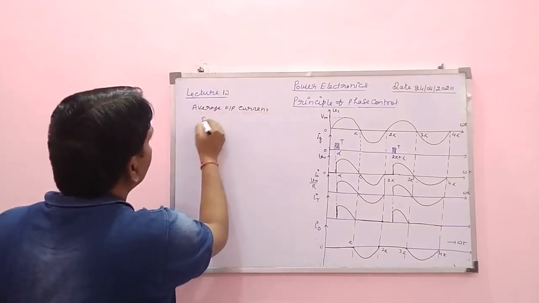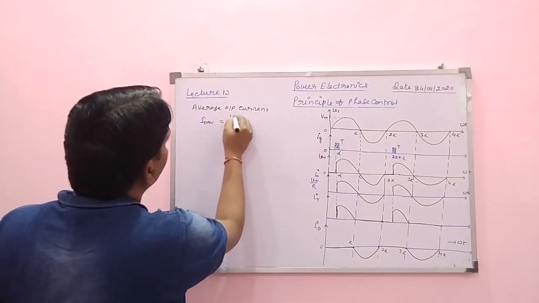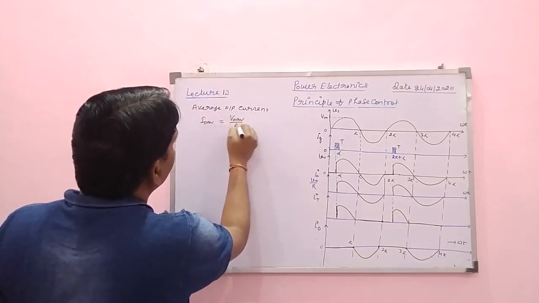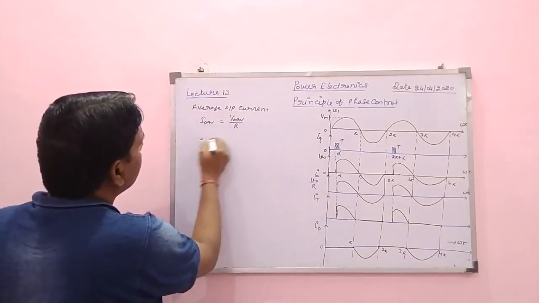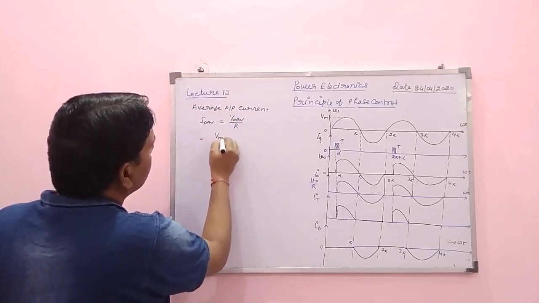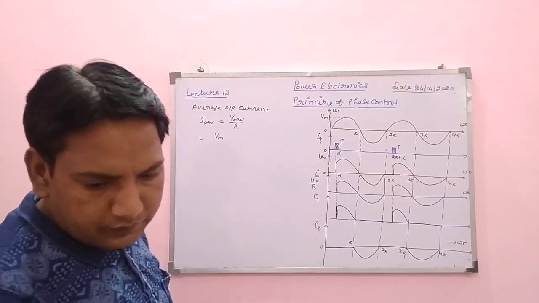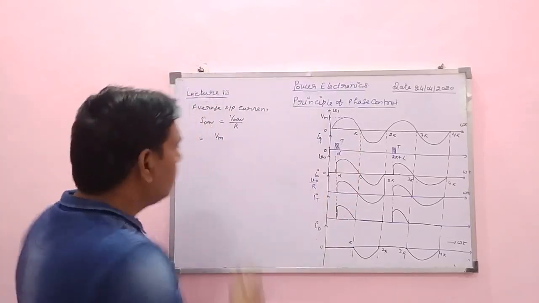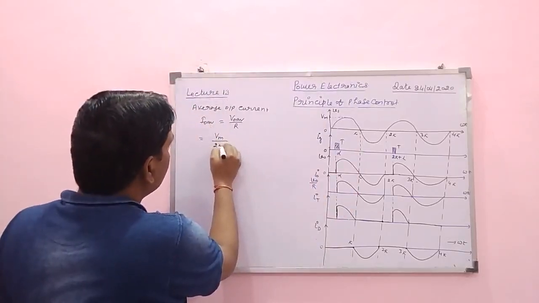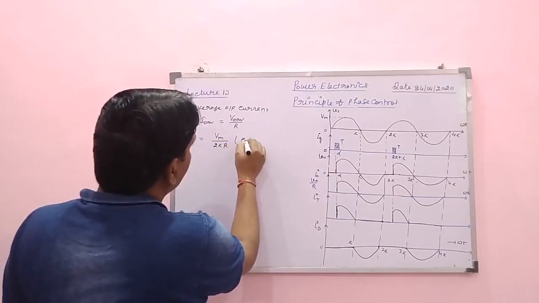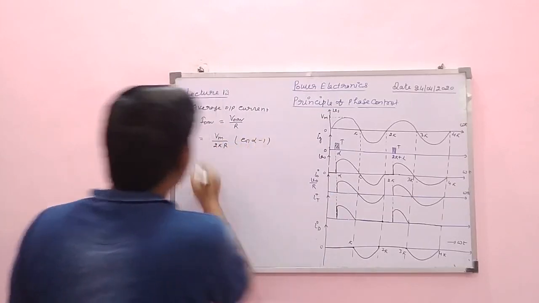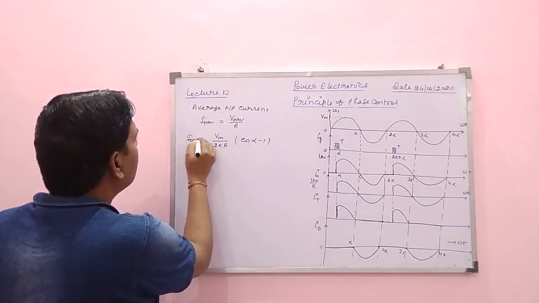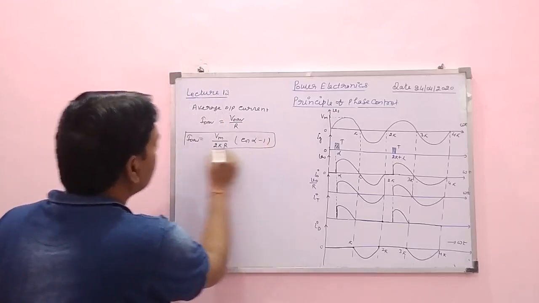I naught average is equal to V naught average divided by R. So it will be Vm upon 2 pi R into cos alpha minus 1. This is the value of average output current.